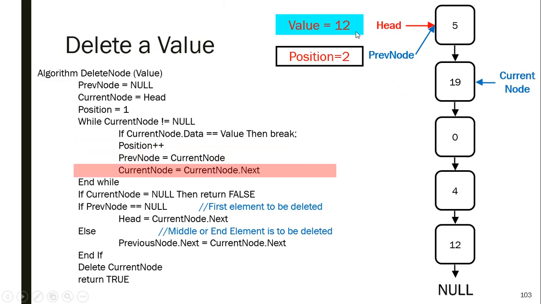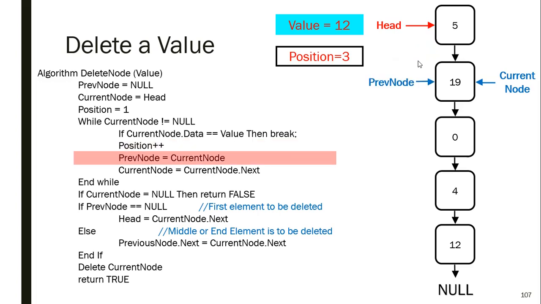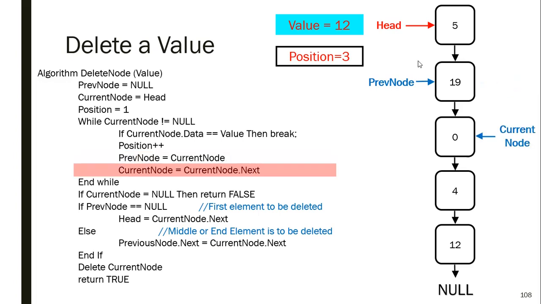So now we have a state of previous node, one before this current node, and again the condition is true, value is not matching, position will be incremented as 3, and previous node will also move forward, and current node will also move forward.